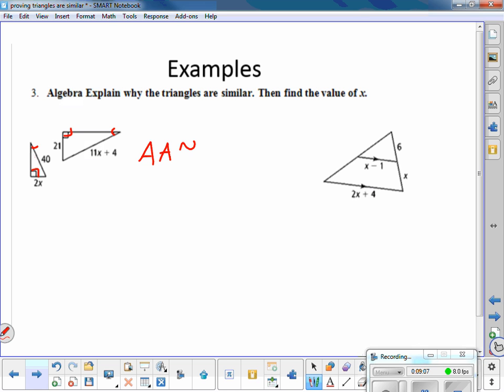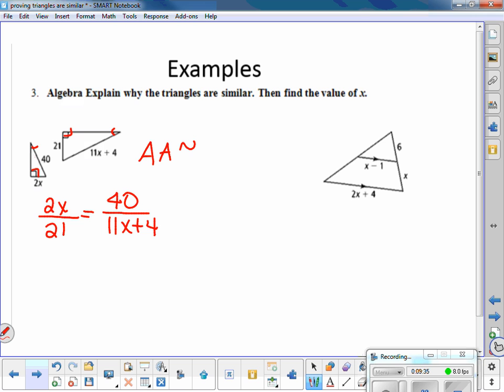Now, let's set up my proportions. 2x is the short side of the smallest triangle. It's going to go over 21. And 40 is going to go over 11x plus 4. That's all I want you to do, is be able to set up the equation.